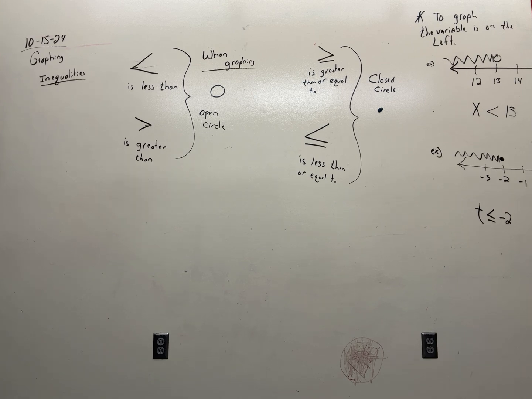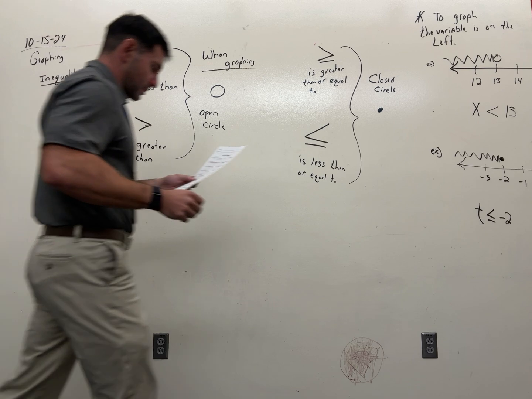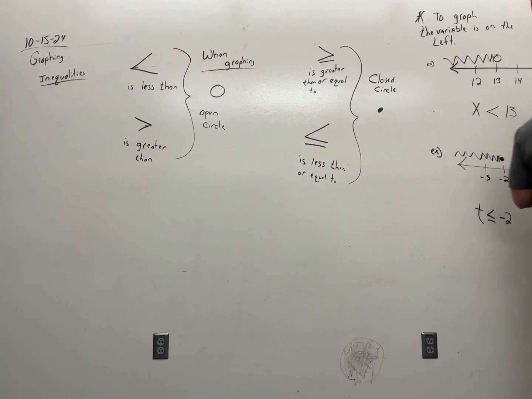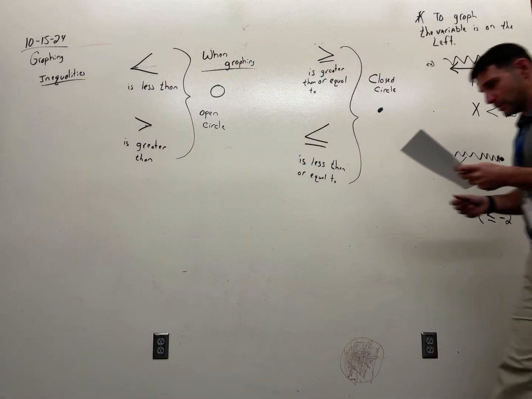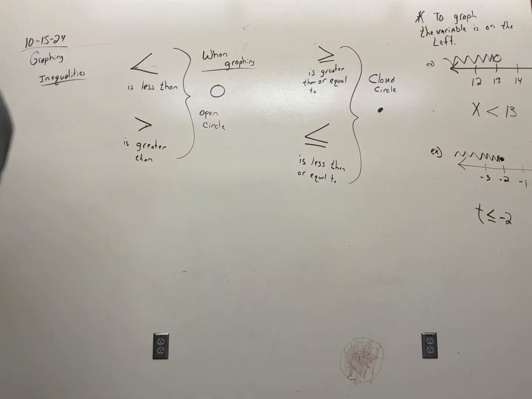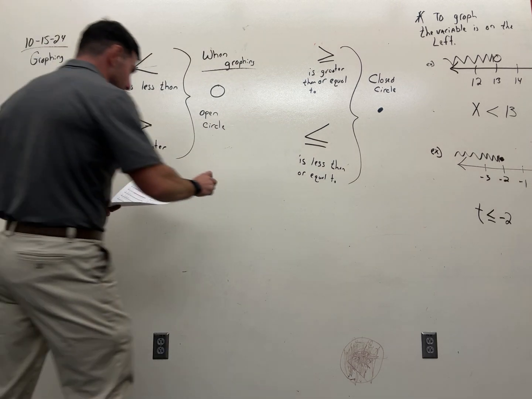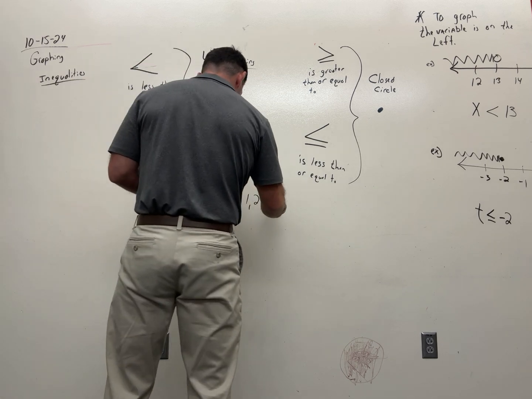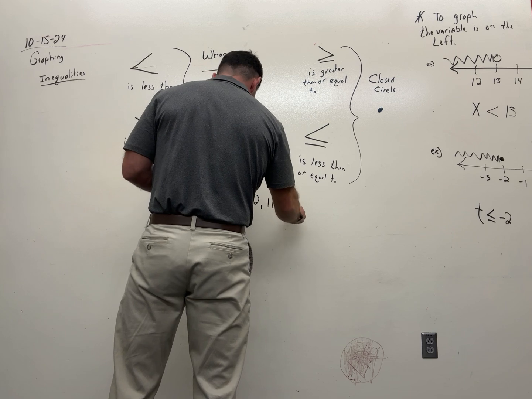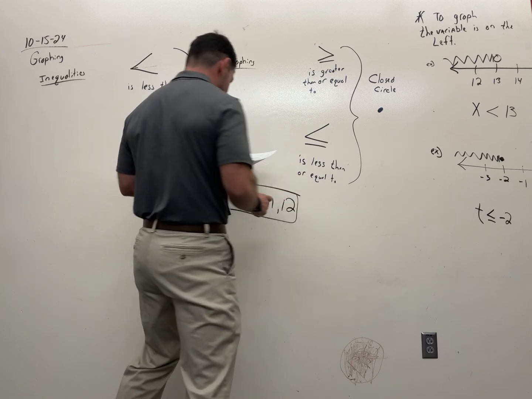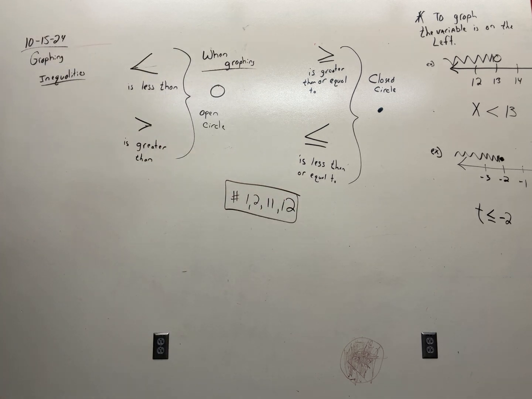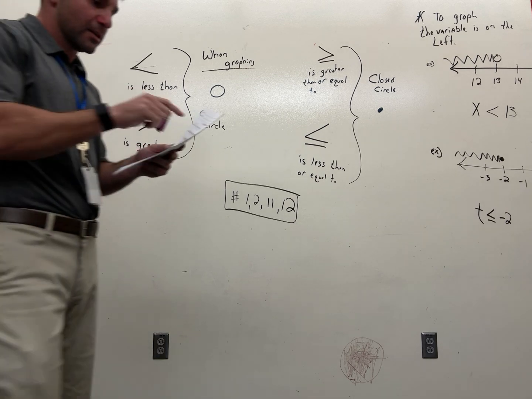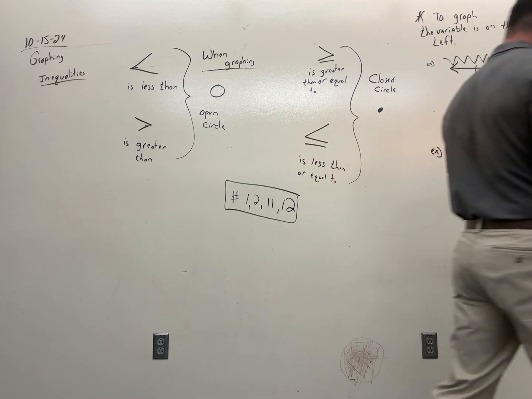I would like you to do numbers 1, 2, 11, and 12. That's it. So take a look at number 1. It's giving you v is greater than or equal to 6. Look at your number line. Is there a graph on that number line?